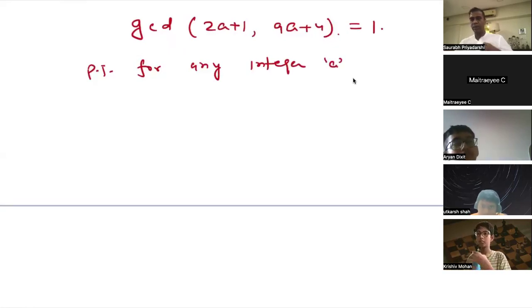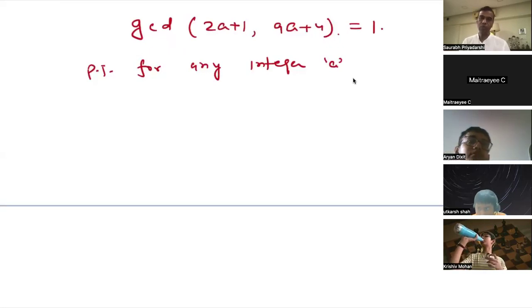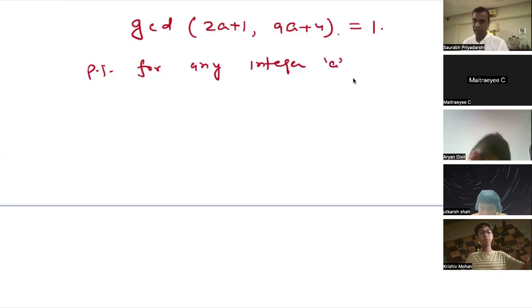The GCD of 2a plus 1 and 9a plus 4 is always 1. No common factor is coming for 2a plus 1 and 9a plus 4 for any integer a, right? You can change integer a as many times as you like, but you are not getting any common factor between these. That we have to prove, right? So please.